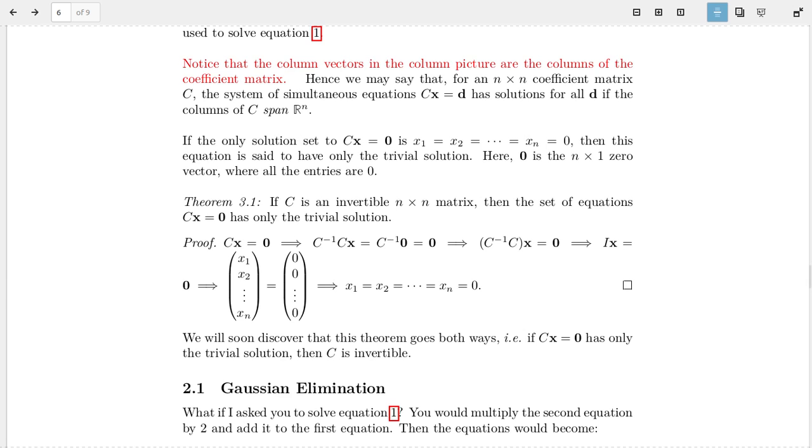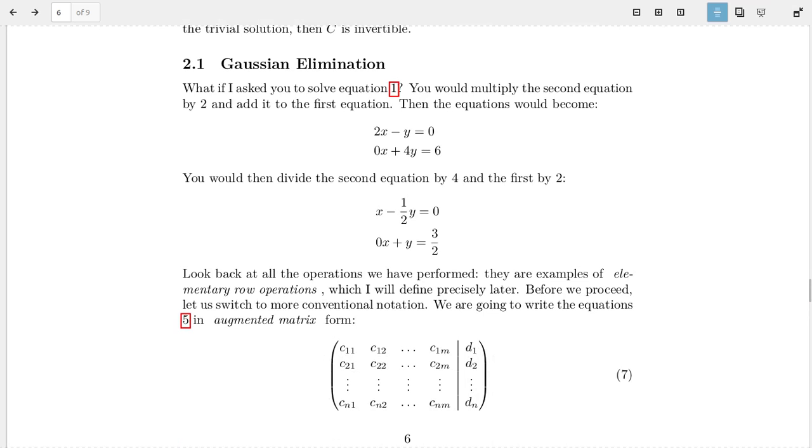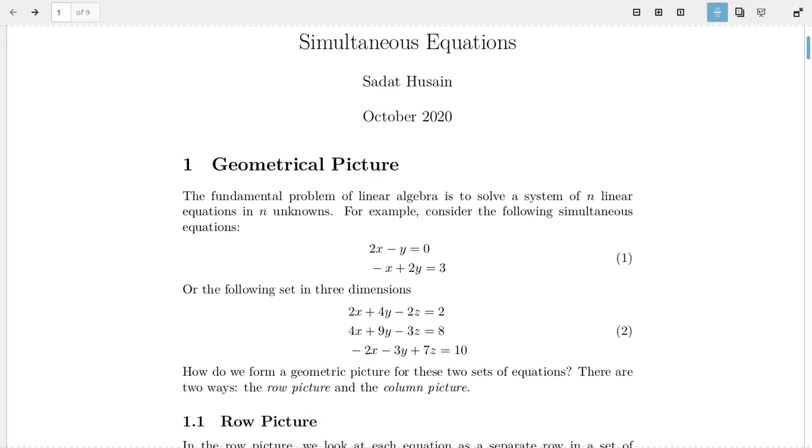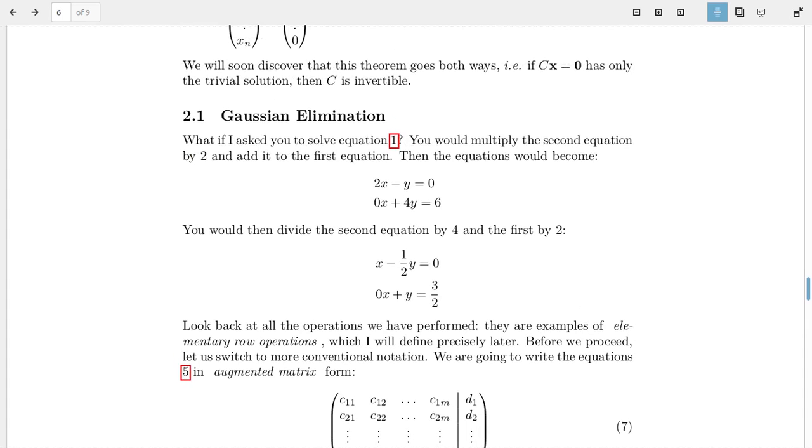Okay, now we look at the process of Gaussian elimination. What is Gaussian elimination? So consider equation 1: twice x minus y equals 0, and negative x plus twice y equals 3. Let's say you were asked to solve equation 1. How would you go about it? You would multiply the second equation by 2 and add that to the first equation, because there's a negative 1 here.